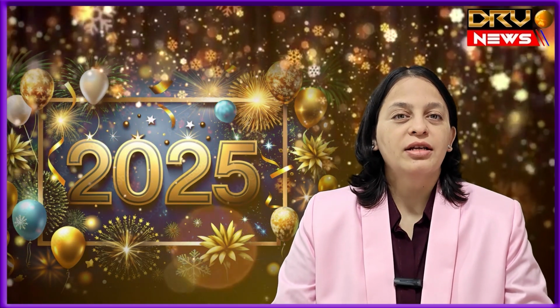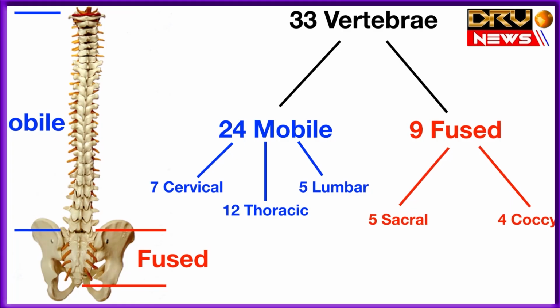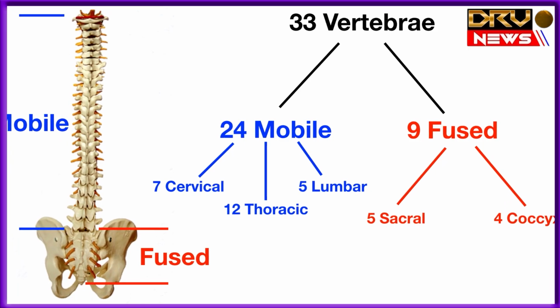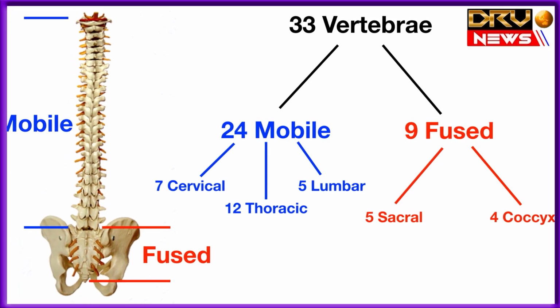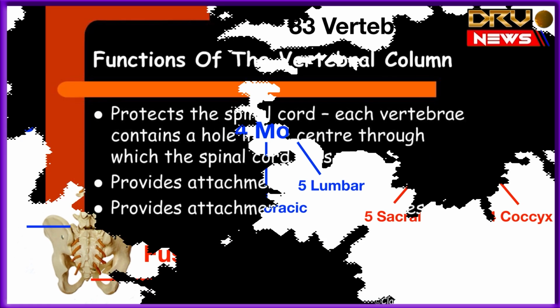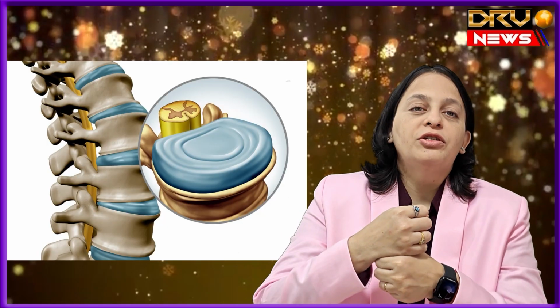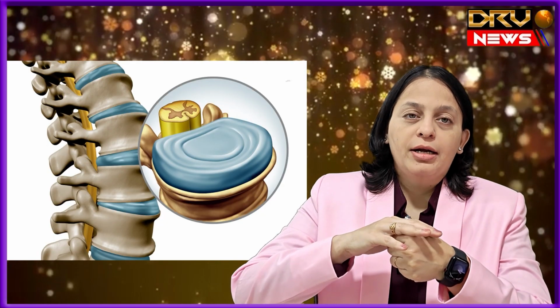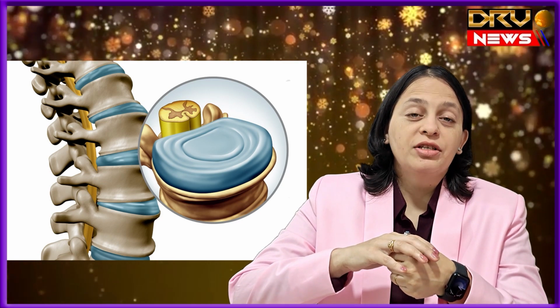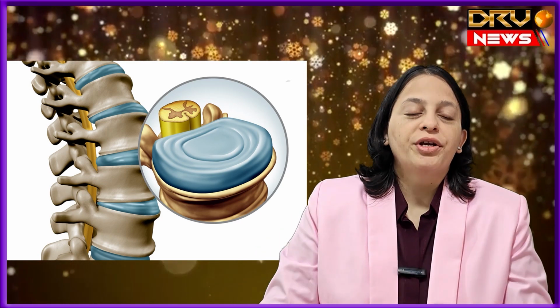First, let us understand what is the importance of the vertebrae. The vertebral column has a total of 33 bones. The most important function of the vertebral column is protection of the spine. Apart from this, the vertebrae, on top of each other, have an intervertebral disc in between them, which is a cartilaginous structure, and in between they have joints.